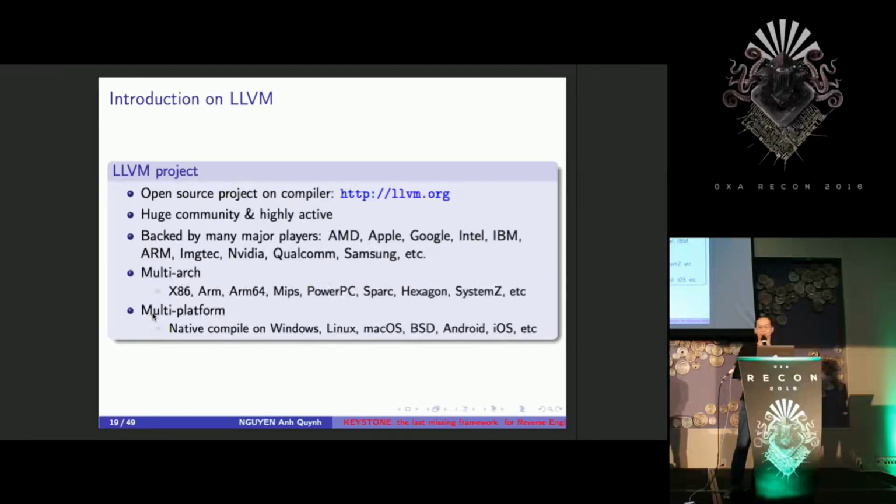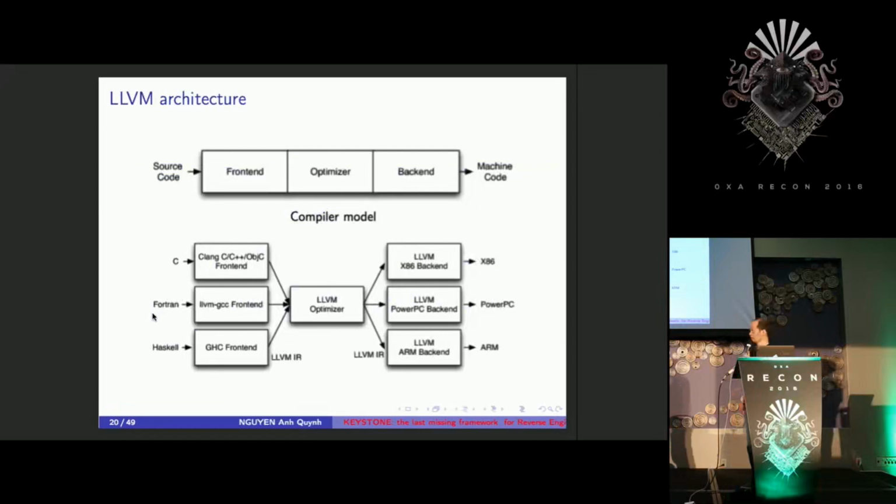LLVM supports all the important architectures. And it's multi-platform, it runs on all platforms, all OSes. So it's good. So here's an overview of the LLVM architecture, which is focused on the compiler.